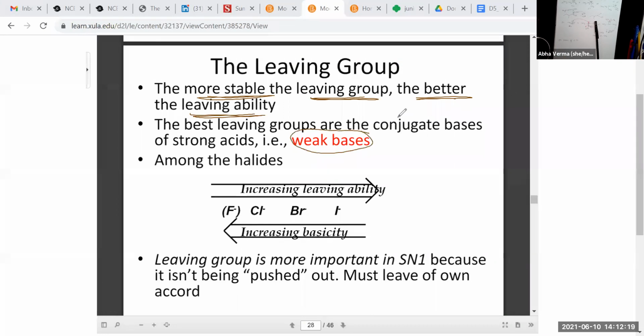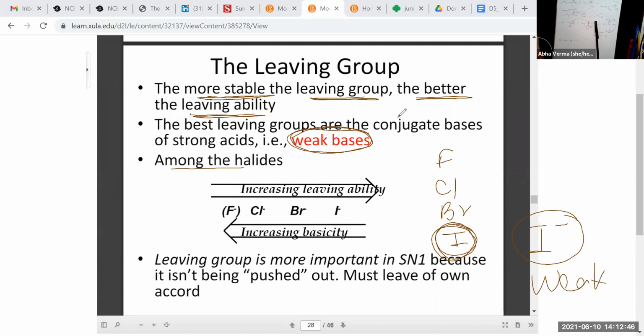What is the definition of this part? More stable means weak base. Okay? So if you look among the halides, fluorine, chlorine, bromine, iodine, the iodine, which has the biggest size and is the weakest base among all of these four halogens, is considered the best leaving group.